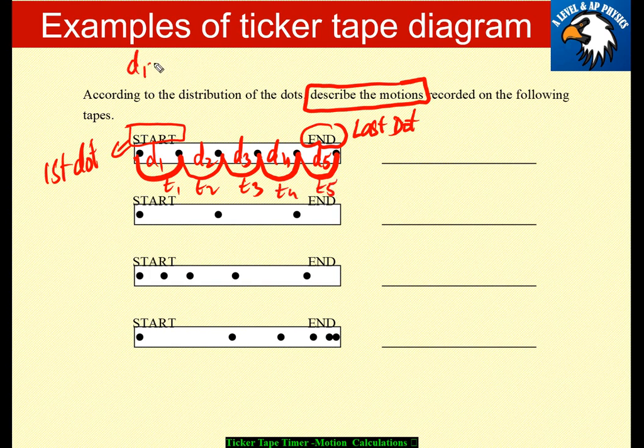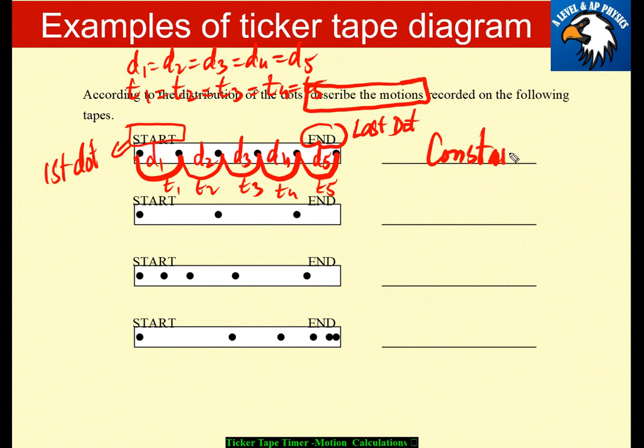As d1 is equal to d2, d3, d4 and d5, and time is also the same, t1 is equal to t2, and so on, t5. So what kind of motion is this? We will simply say that this is constant motion, constant velocity, or simply constant motion.